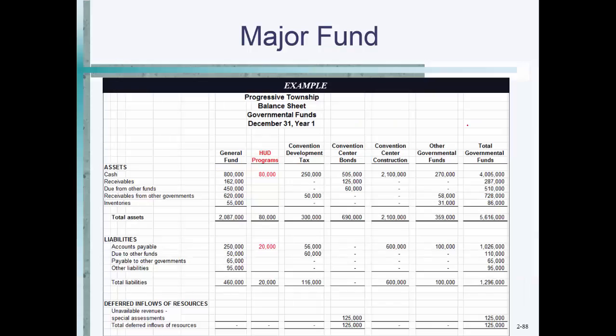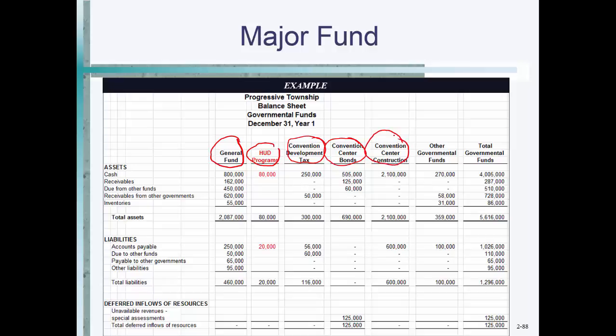Okay, good. All right, so here we go. Now, finally, you can look at this governmental balance sheet that we've been looking at, and I can speak to you now in full truth. The general fund is always a major fund, and now what? This HUD program is probably a special revenue fund. This convention development tax thing, this convention center bond, I'm thinking convention center construction.